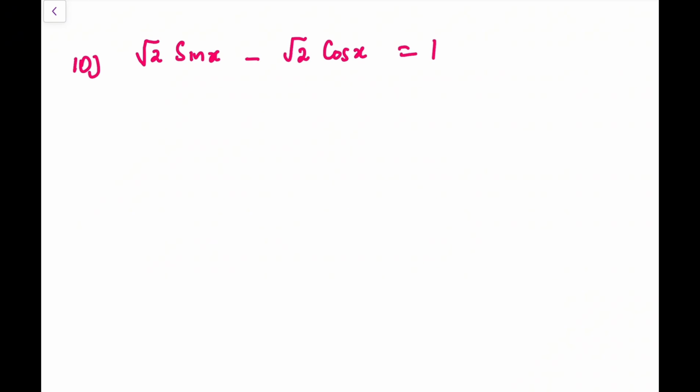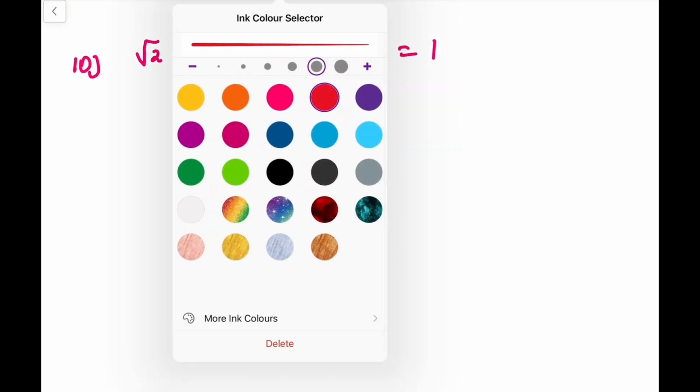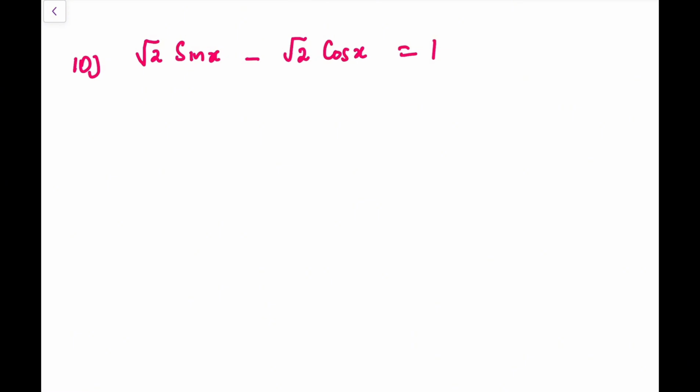Number 10, we have square root of sine x minus square root of cos x is equal to 1. So we can always take this to special angles. If I divide everything by 2, you will now notice that root 2 over 2 is the same as cos 45.